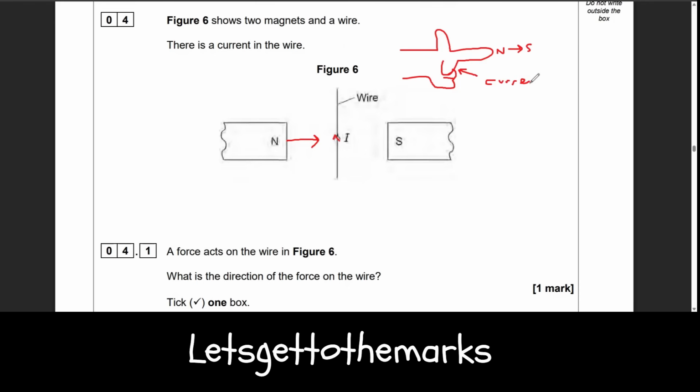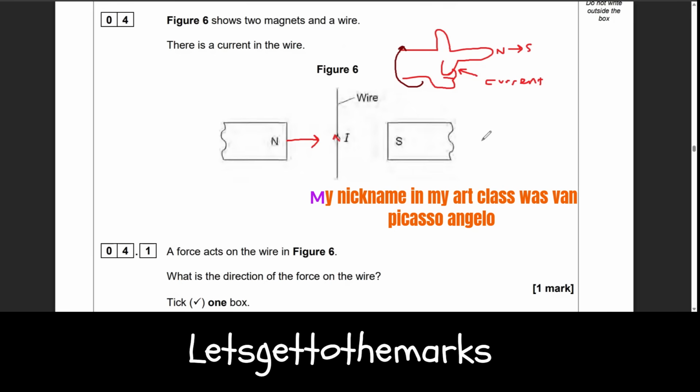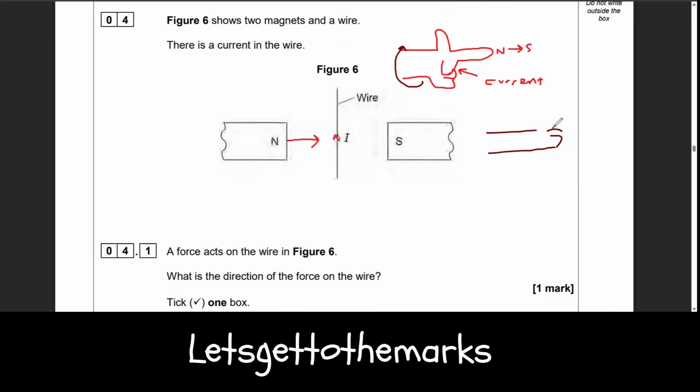Right now we're not in the correct orientation. Get your hand like that and then rotate your hand a little bit this way, turn it halfway so that your second finger points up in the direction of the current. Now it's going to look like this. Your second finger is going to be going up, the current finger.